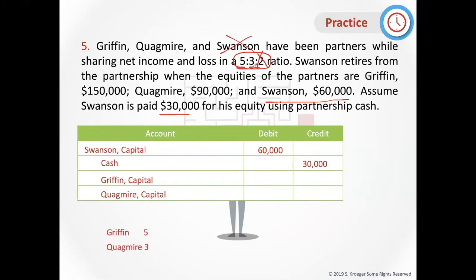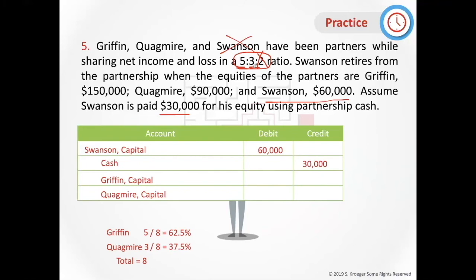How you do this is you total it up, which equals 8. So basically, Griffin gets 5 out of 8, which is 62.5% if you do 5 divided by 8. You do the same thing with Quagmire. 3 out of 8, which would be 37.5%.